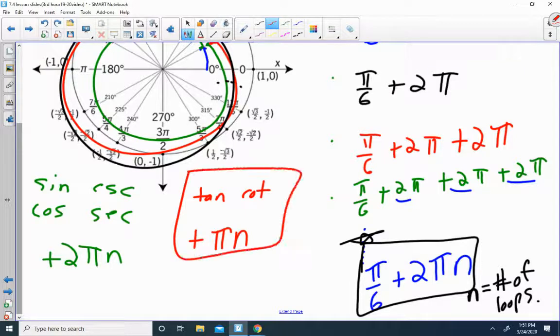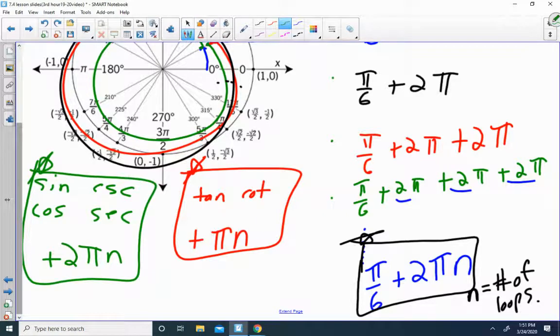So please get that notation down. That for tan and its twin, you'll do plus pi n, and then for everything else, you'll do 2 pi n. That is the notation you use to identify, hey, this means I'm giving you the infinite loops without having to actually write them all down. Please, please, please write this down. You are going to need to remember it.